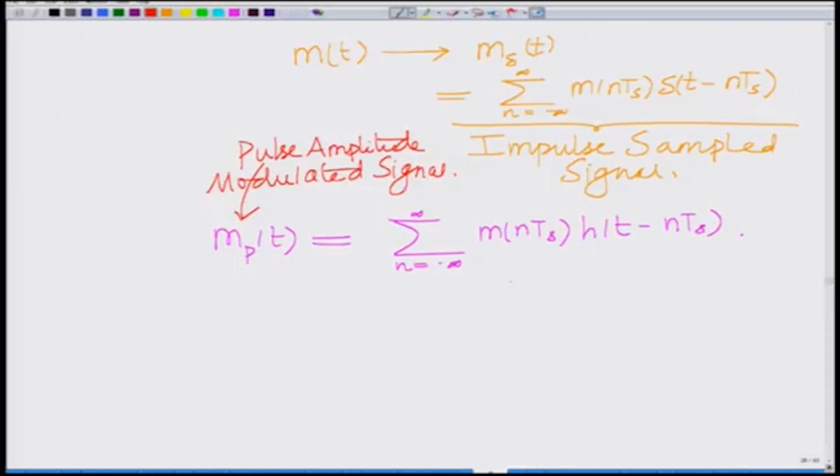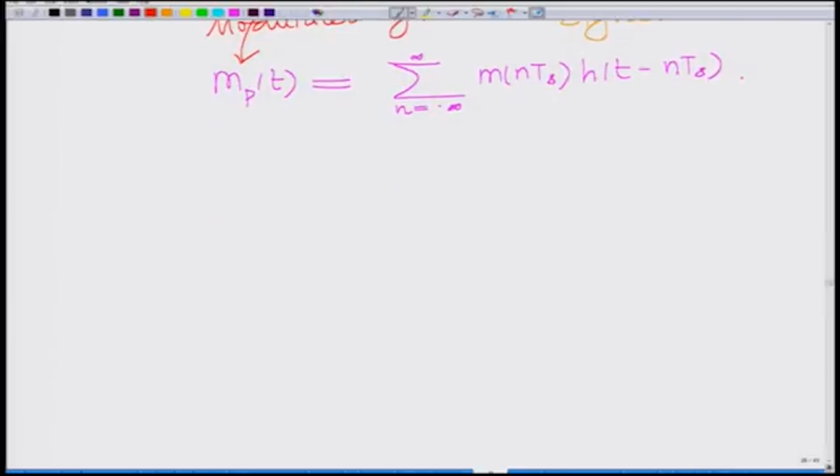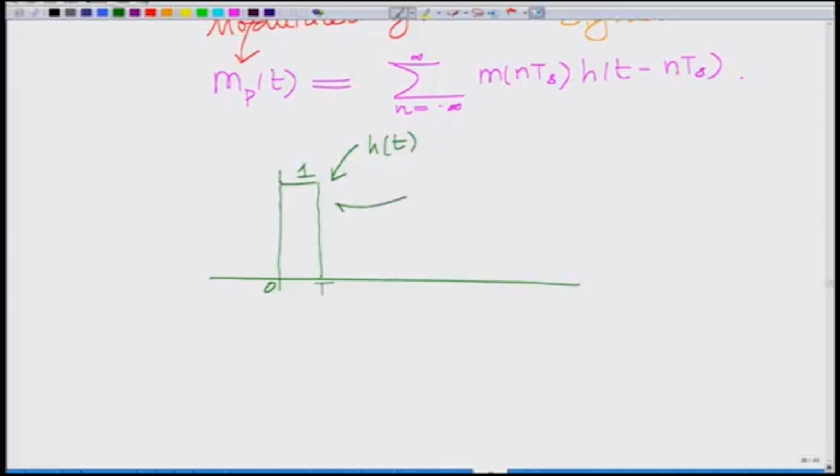My impulse is basically h of t, or rather, it is my pulse. My pulse is of width 0 to T and height 1.